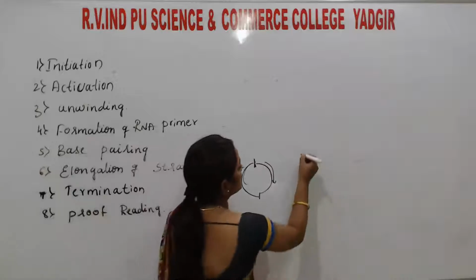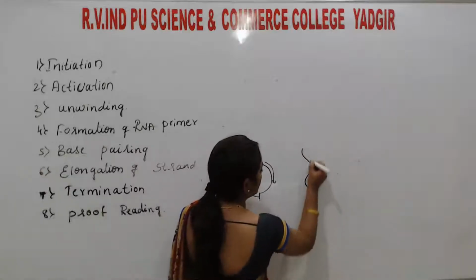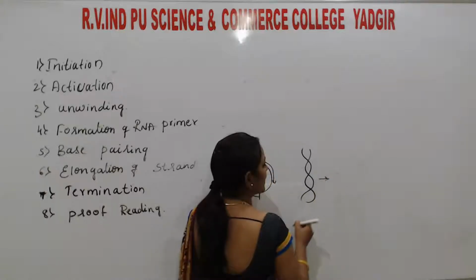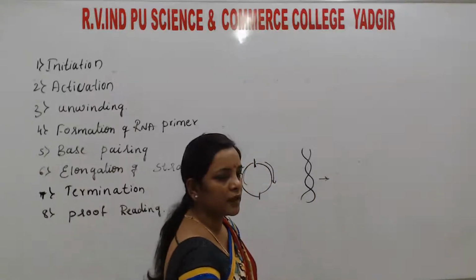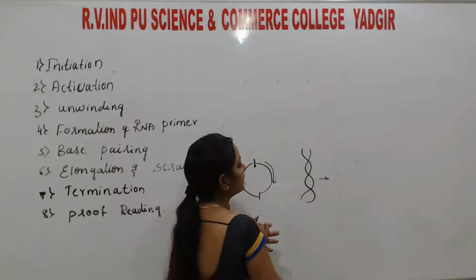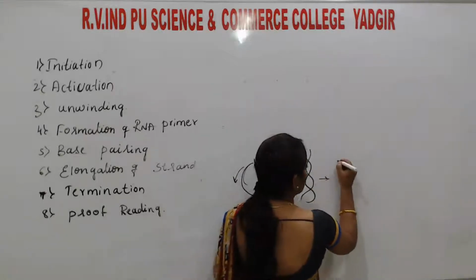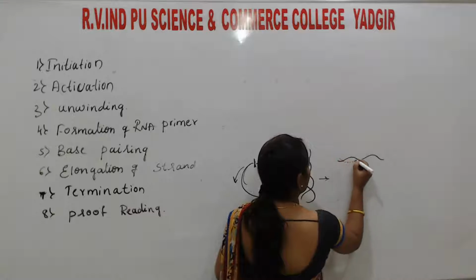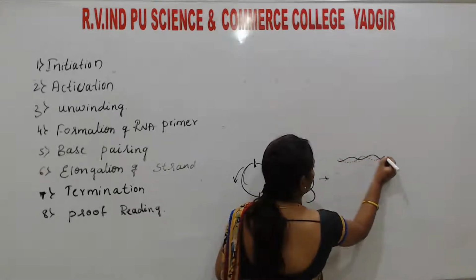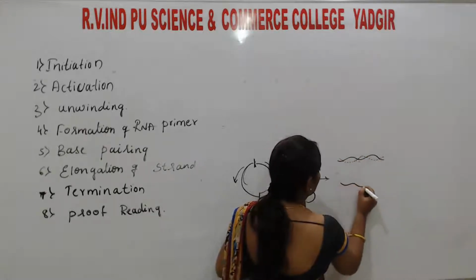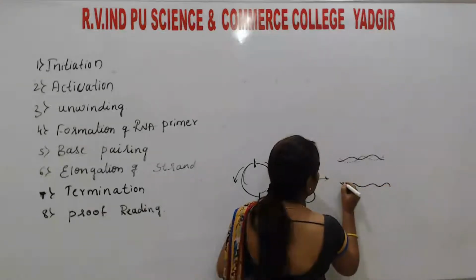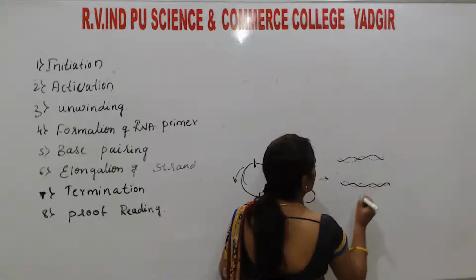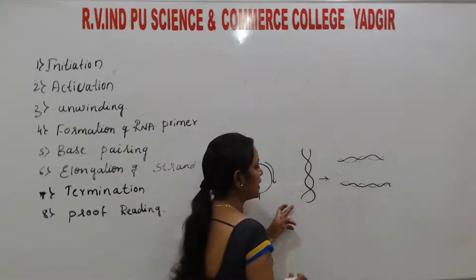We have also seen that during DNA replication, two new DNAs will be formed. One will share the old strand, which acts as a template, the parental strand.